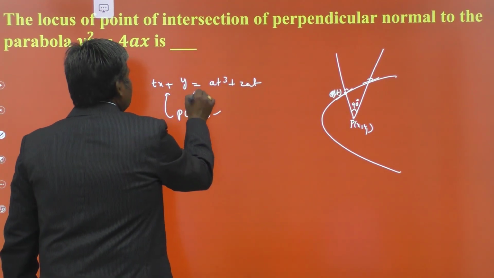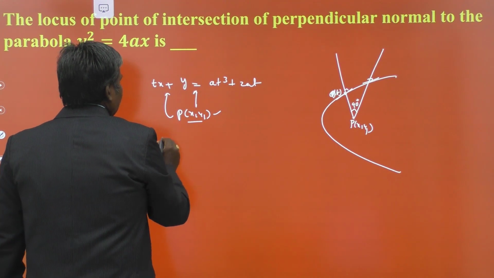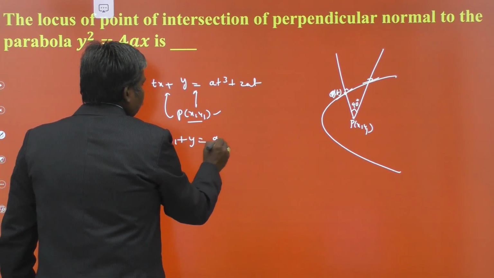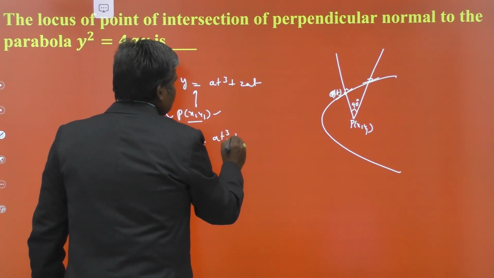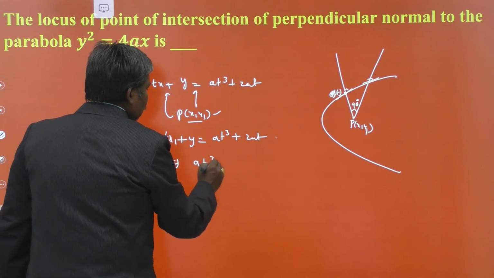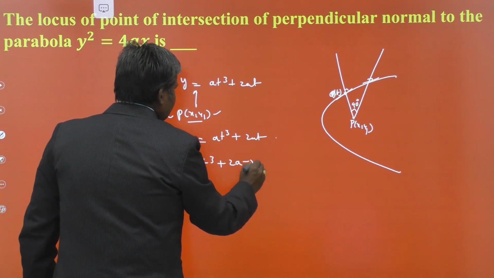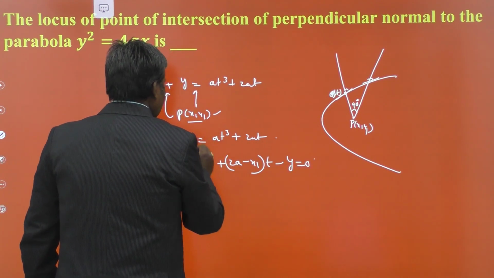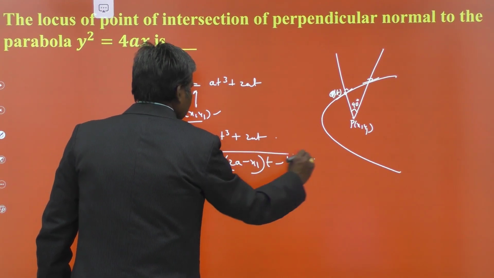So if it is passing through my point P(x1, y1), tx + y = at^3 + 2at, which implies at^3 + (2a - x1)t - y1 = 0.